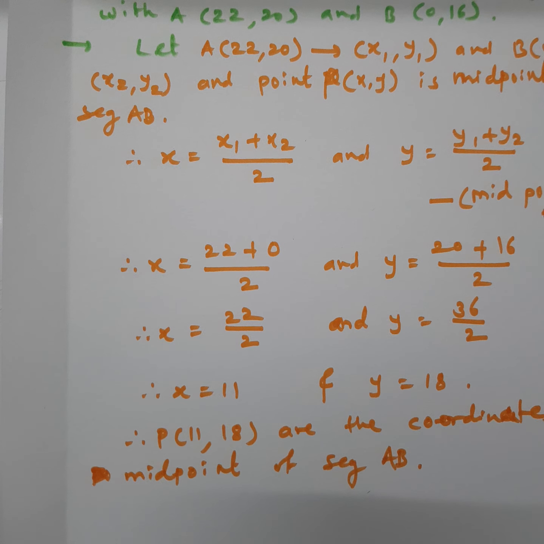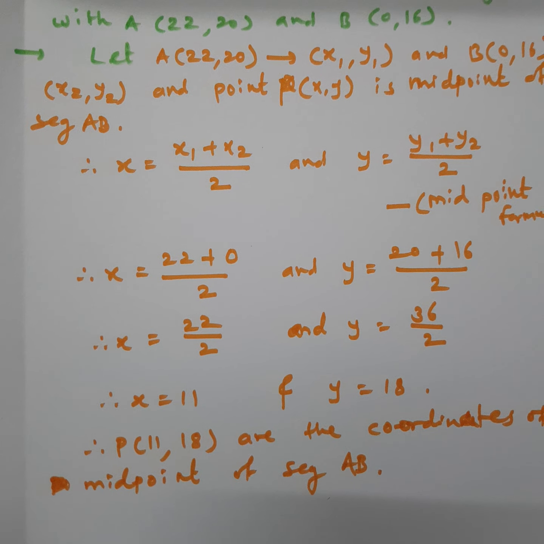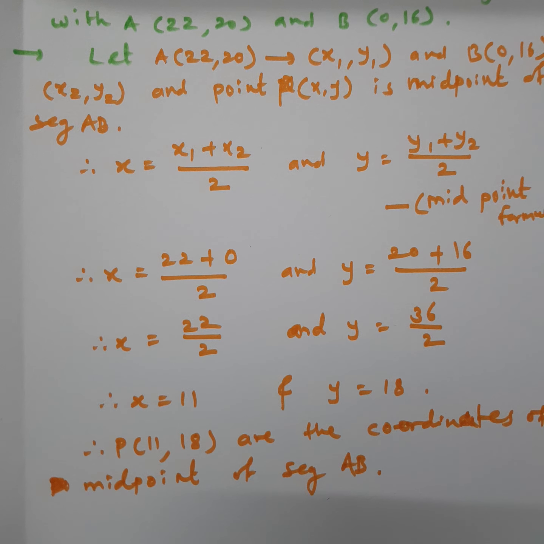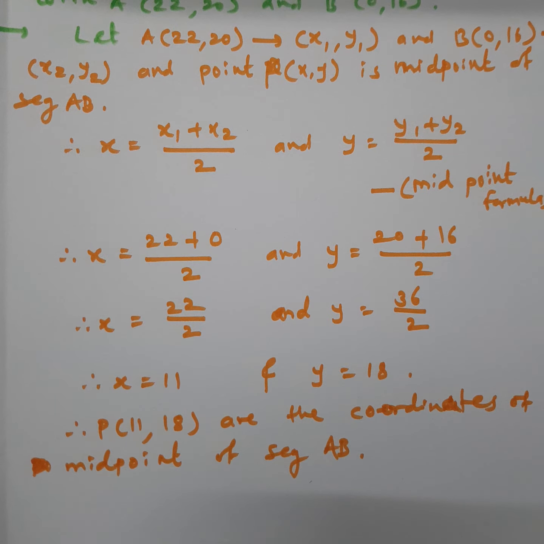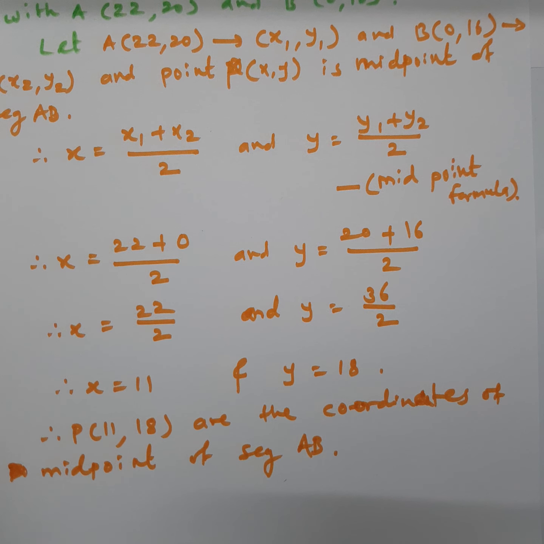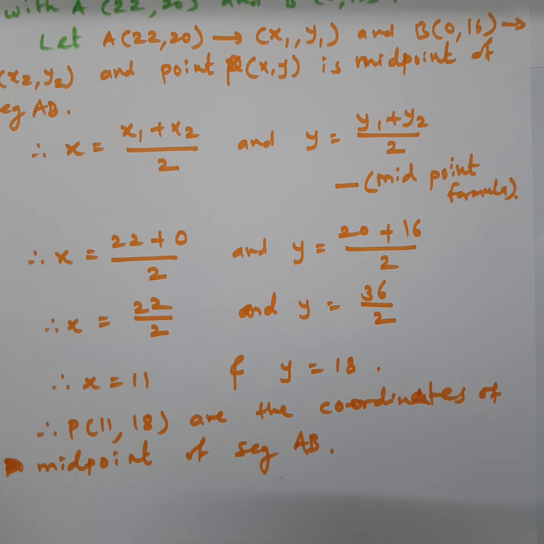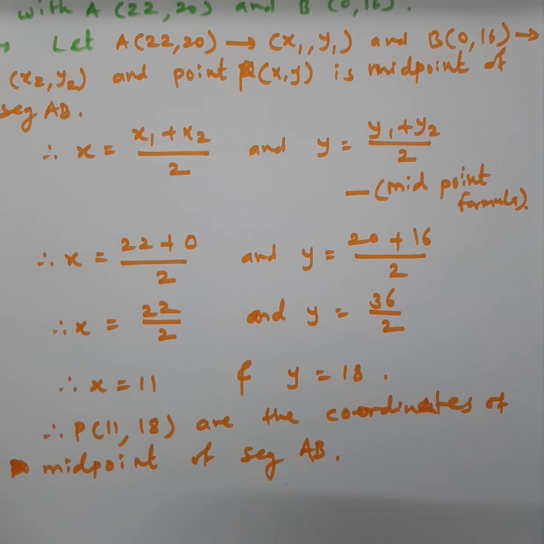In this way, by using the midpoint formula, we can find the coordinates of the midpoint. In the next lecture, we will solve the examples on the section formula and also solve examples from practice set 5.2. Today it is sufficient now. Thank you.